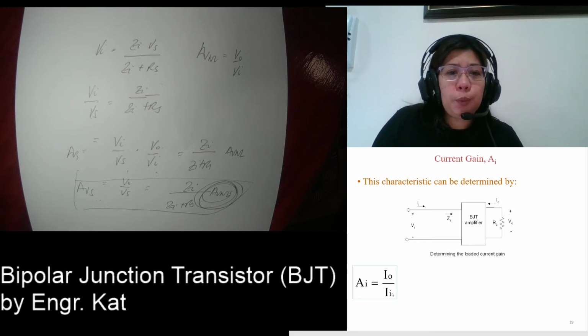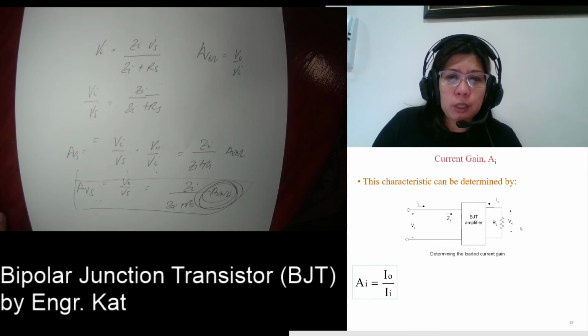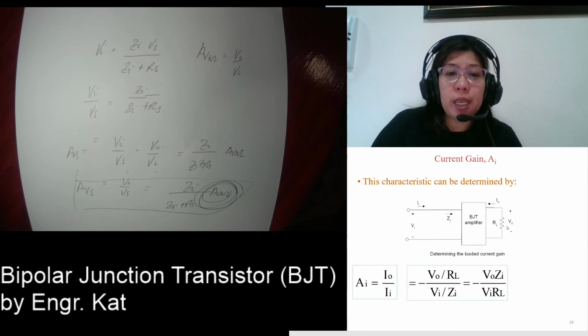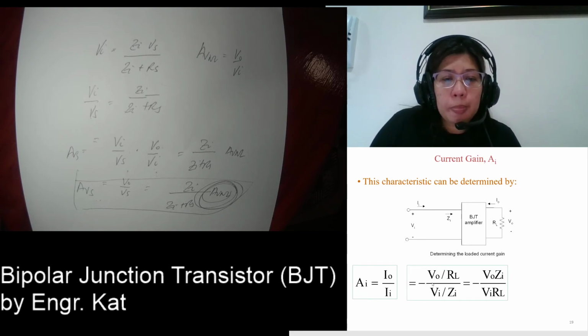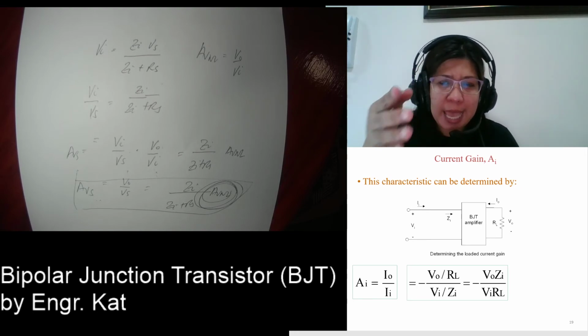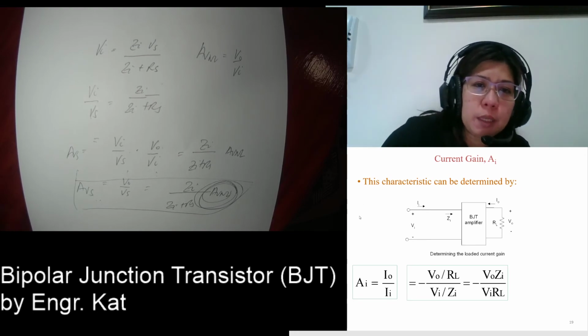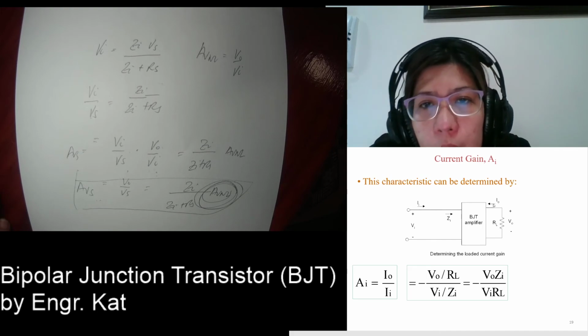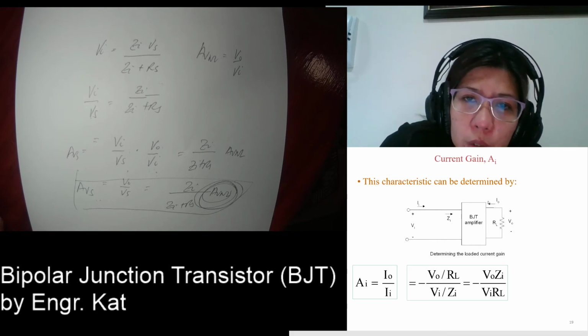Current gain is the output current divided by the input current. So how do you solve for IO? By just looking at this figure. IO here is negative VO over RL. Why do we need a negative sign? Because your input current is going here and your output current is going here.